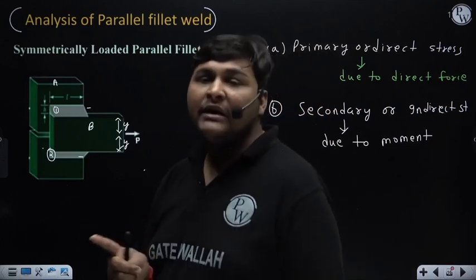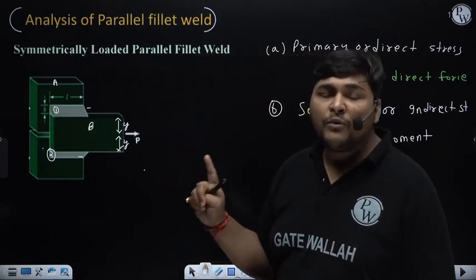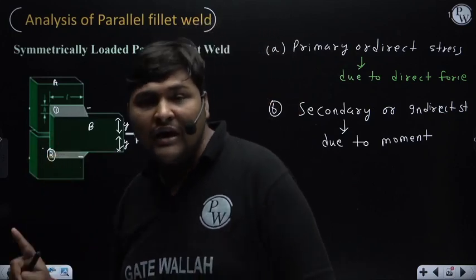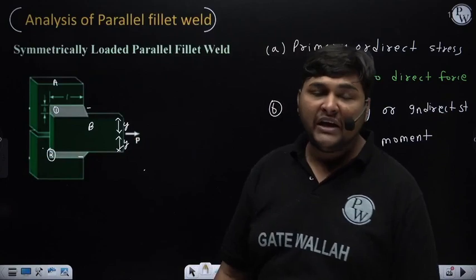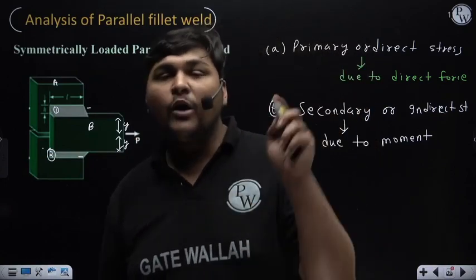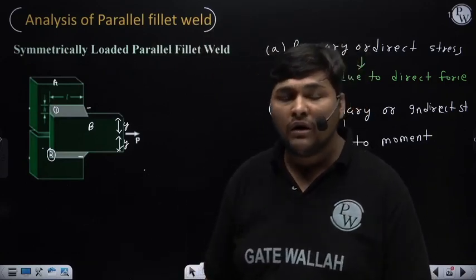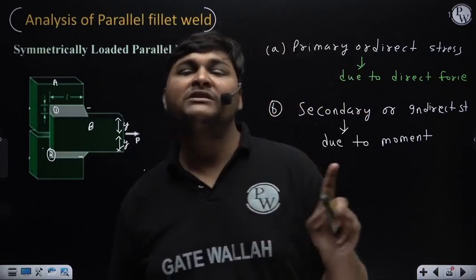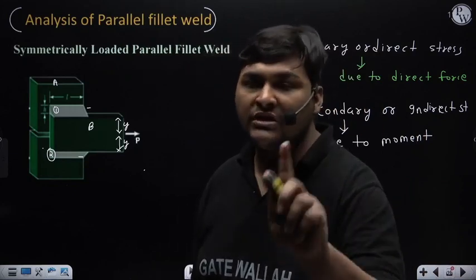Whenever this weld is subjected to any force, and if we want no indirect or secondary stress to come in the weld, for that the line of action of this force P should pass through the combined centroid of the weld. If the line of action of force P is passing through the combined centroid of the weld, in that case no secondary stress will be induced in the weld.